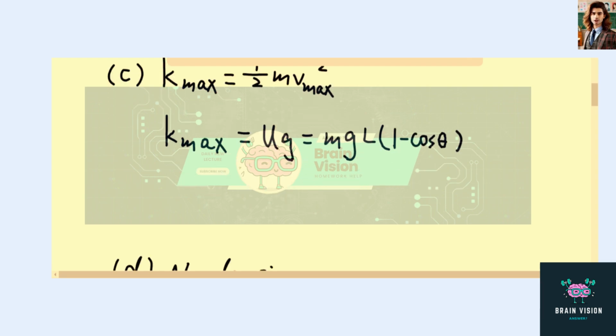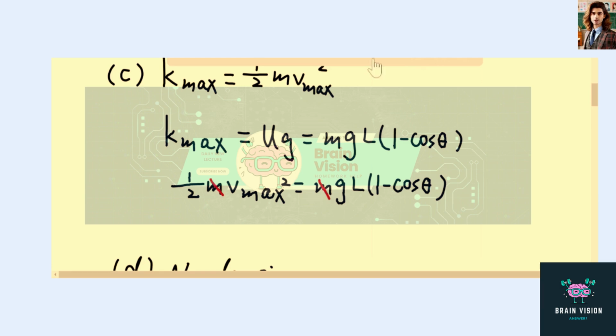So we have 1/2 m v max squared equal to mgL times 1 minus cosine theta. As you can tell, the mass cancels out.